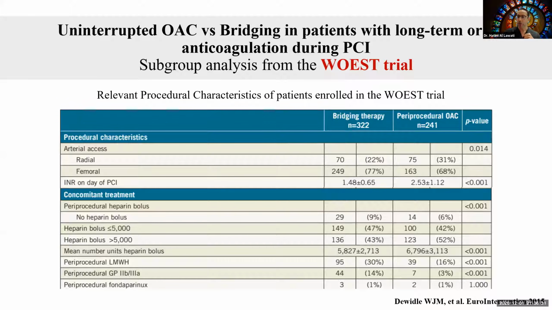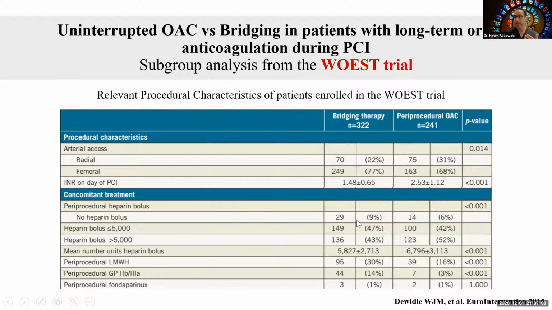The WOEST trial included patients with stable coronary artery disease, but a third of the patients in both arms, the bridging therapy arm and the uninterrupted anticoagulation arm, were admitted with acute coronary syndromes and underwent coronary angiography and PCI for acute coronary syndromes. The vast majority of patients had their procedures done from the femoral approach. As you can see, the INR in the uninterrupted group was 2.5, and in the bridging group was 1.48 at the time of their procedure.